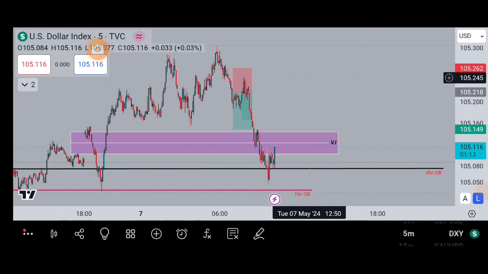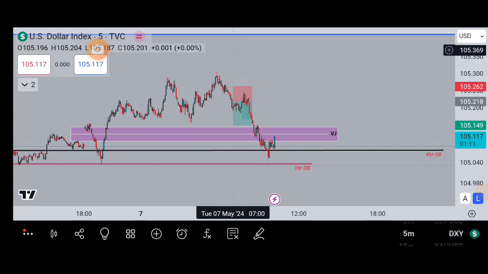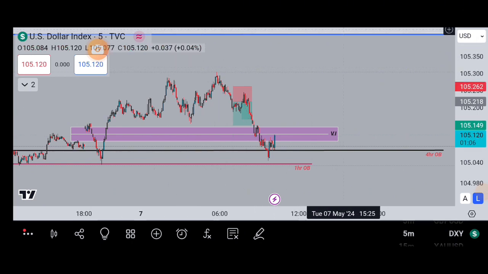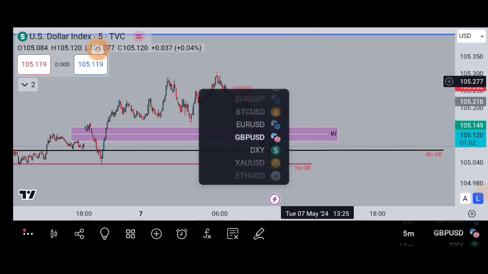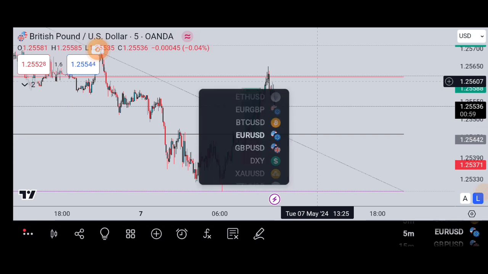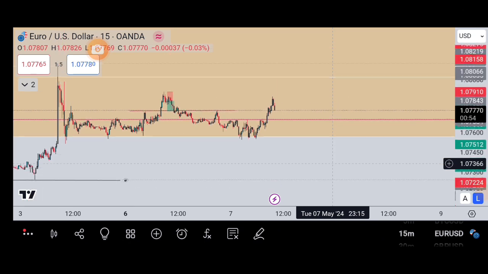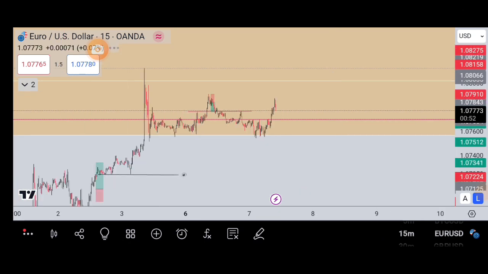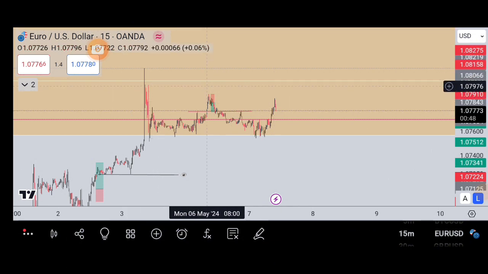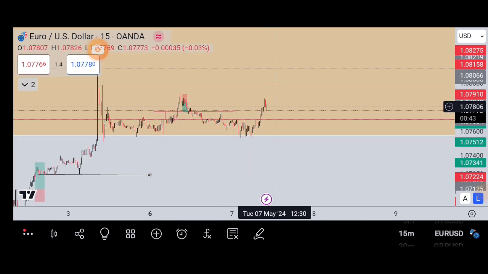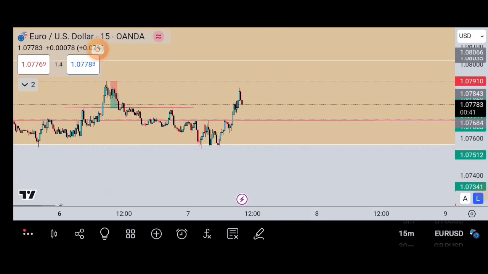Remember our targets, we can target these highs, these relative equal highs over here, before the general draw on liquidity. So I guess for the GPP and also for the Euro USD, we had seen this retracement into the OTE of this price leg, by the way, from the high to the low. Those who know about the OTE, we had seen it in the OTE.